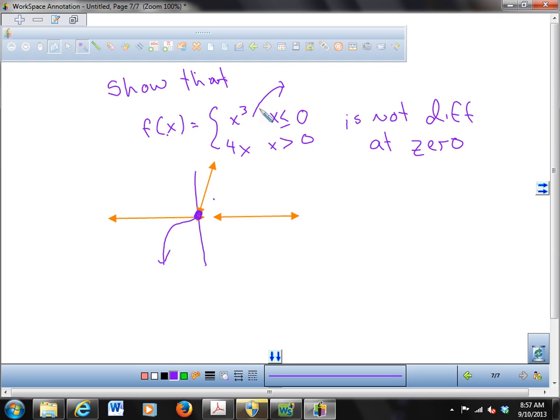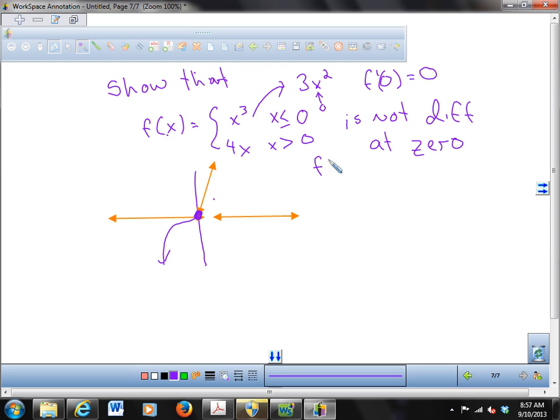If I did the derivative, from a previous problem we found the derivative of this, which is 3x squared. If I plug in 0 there, f prime of 0, if I did the limit process, comes out to be 0.